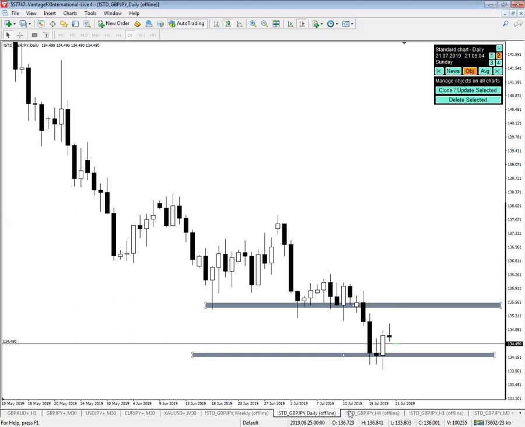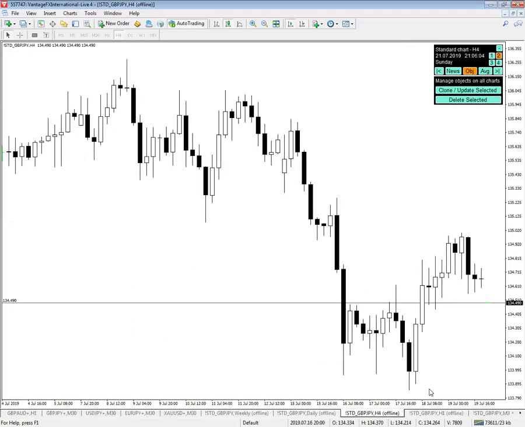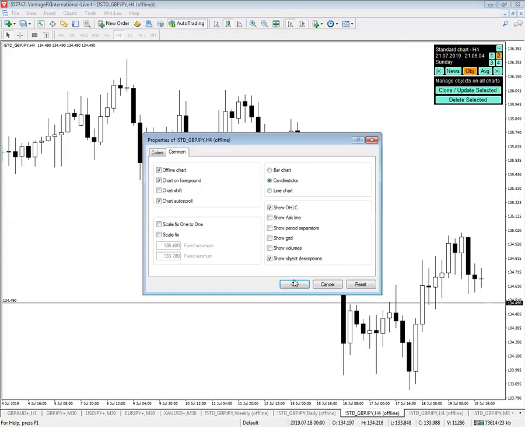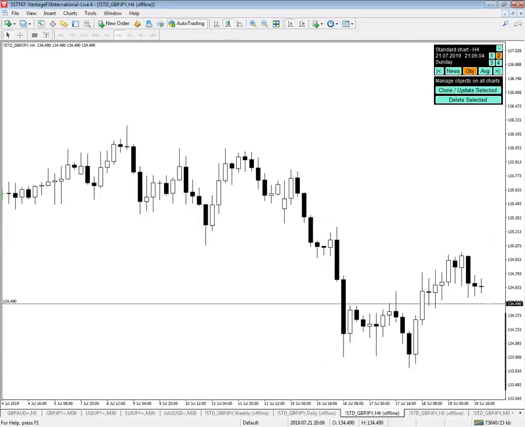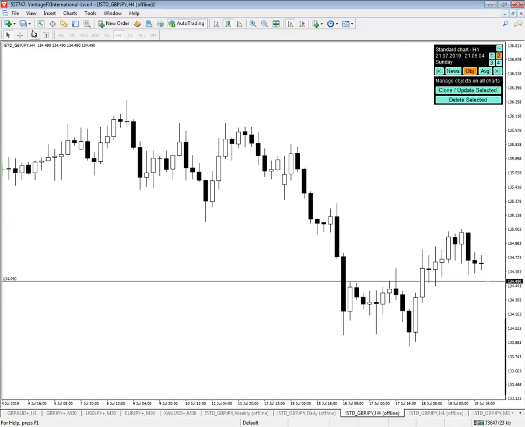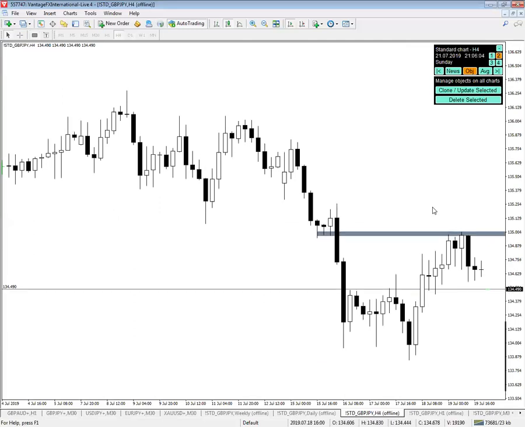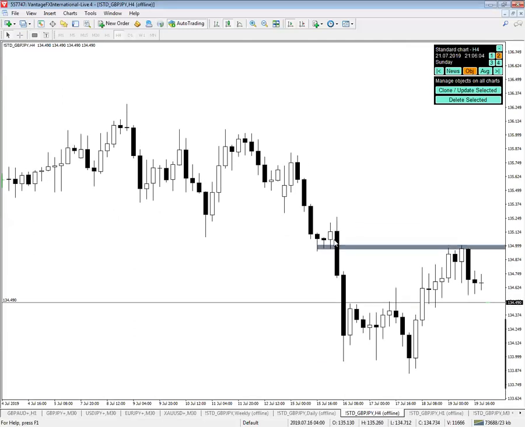So let's go down to the 4 hour now, and let's see what's going on. So 4 hour has a resistance up over here, right? So we had this support and we broke down, and price came back up, so created a low, came back up, and now we're forming a resistance.